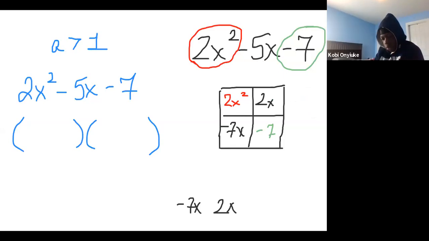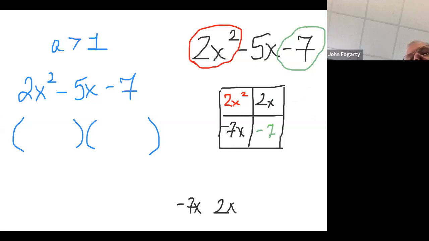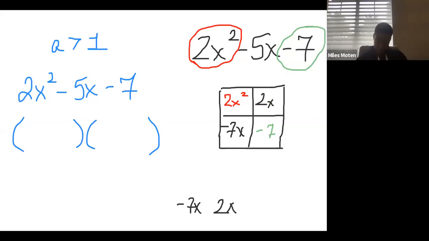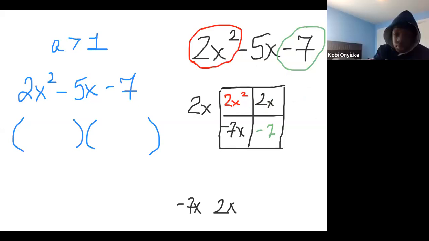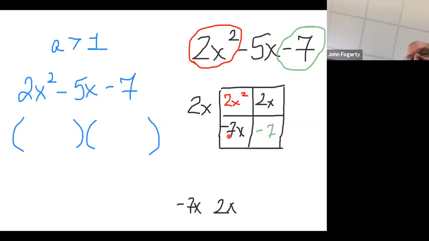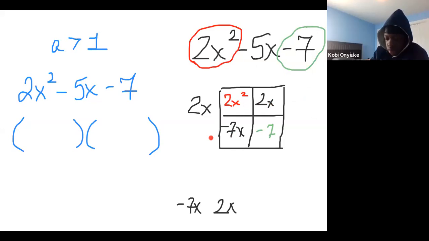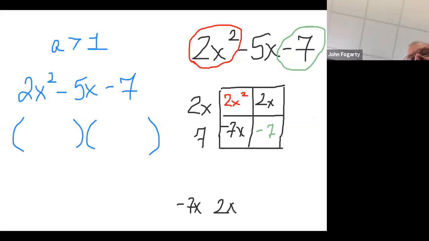Now all you gotta do is go over, all right? Look at the 2 top boxes. What's the GCF? 2x. Yep. Look at the 2 bottom boxes. What's the GCF? It's going to be 7, and we're going to put a negative in front of it because the box next to the number is negative.